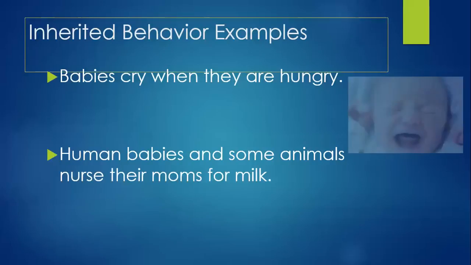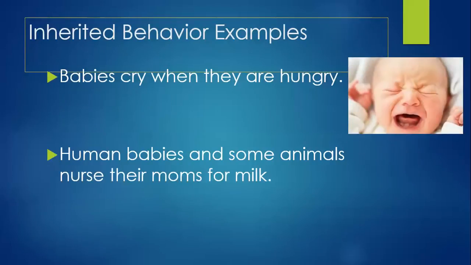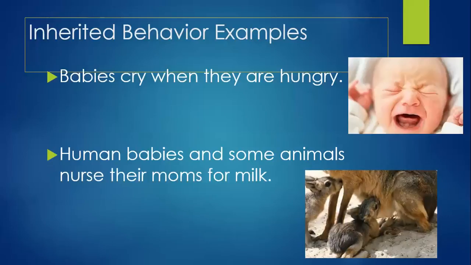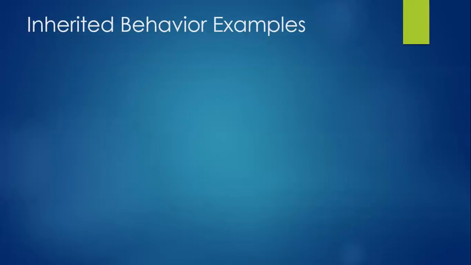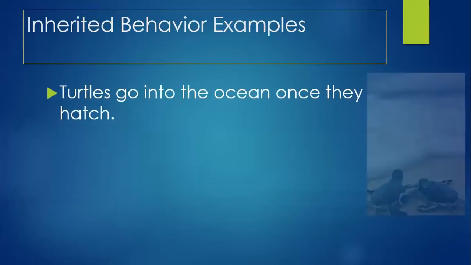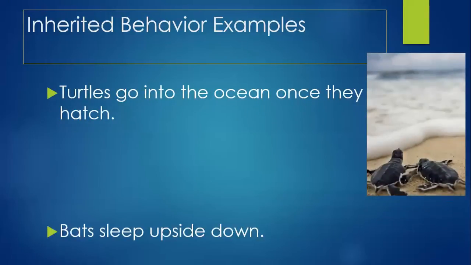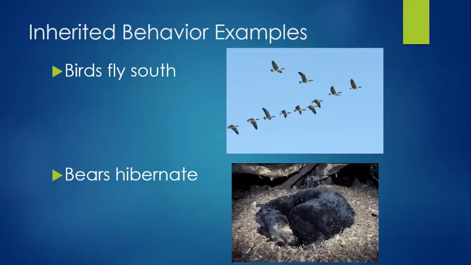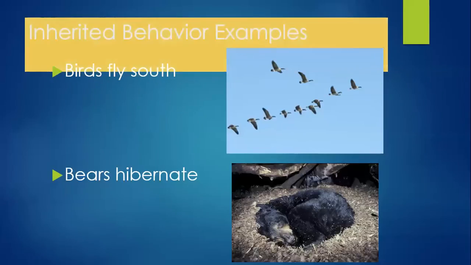We also saw that babies cry when they're hungry and that babies nurse their moms for milk. We also learned that turtles go into the ocean once they hatch and that bats sleep upside down. Inherited behaviors also include birds flying south or bears hibernating.